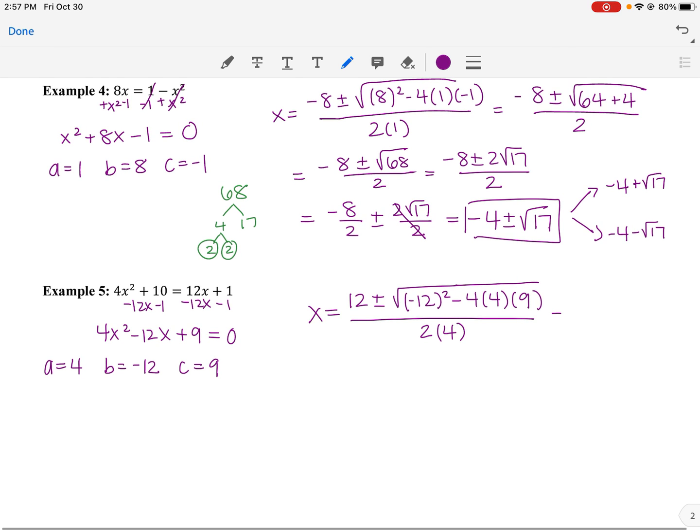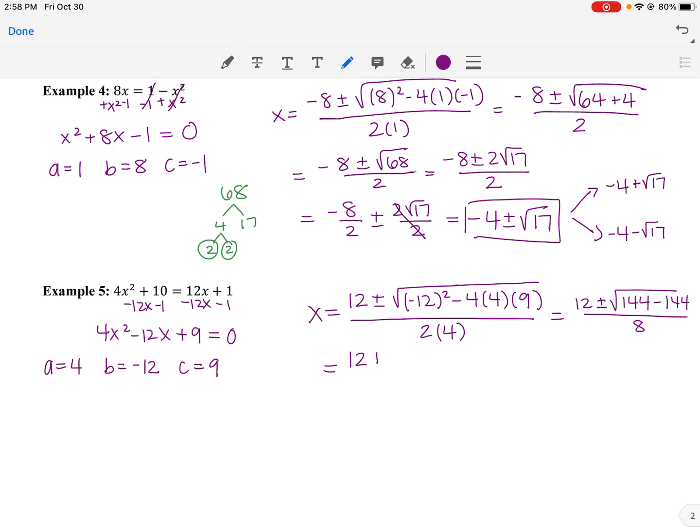So here we'd have 12 plus or minus the square root of -12 squared is 144, minus 4 times 4 times 9 is also 144. And then 2 times 4 is 8.